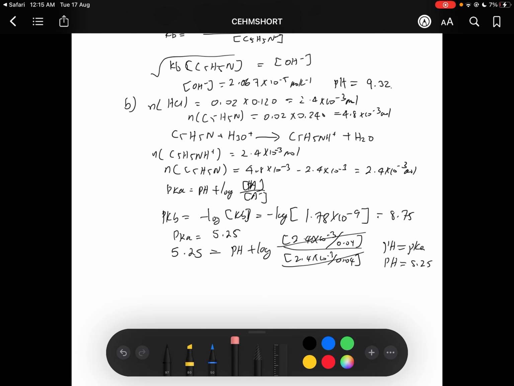Right, so now we can write the equilibrium expression for the dissociation of the acid. So that's C5H5N multiplied by hydronium divided by C5H5NH+.